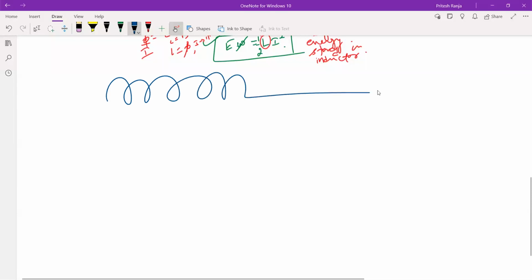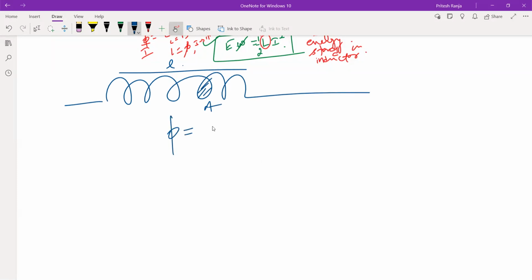So we were having an inductor and the area was A and the length of the inductor was L. So phi was equal to B into A, and B was equal to mu naught n I, into A. So this was the flux through one coil.